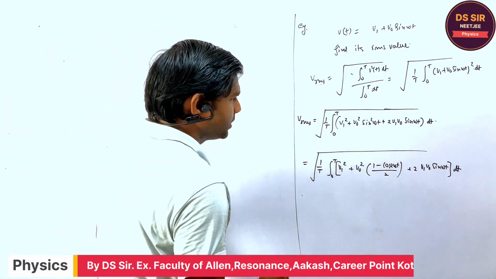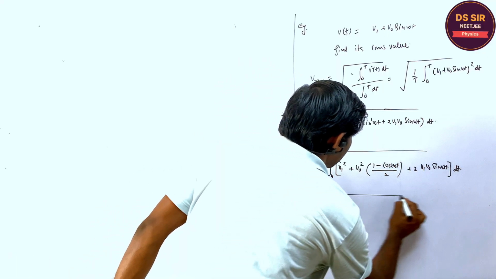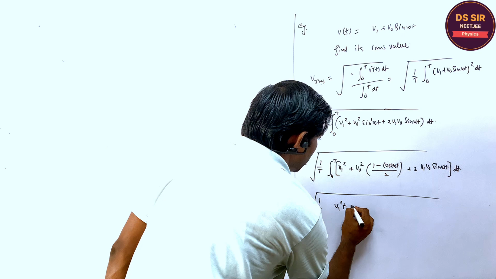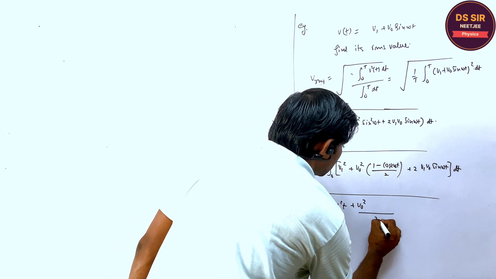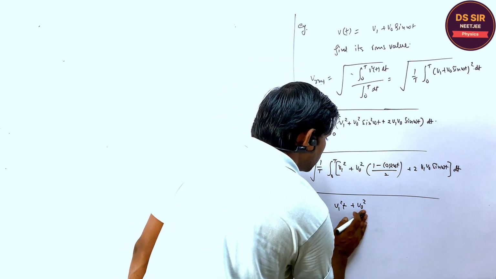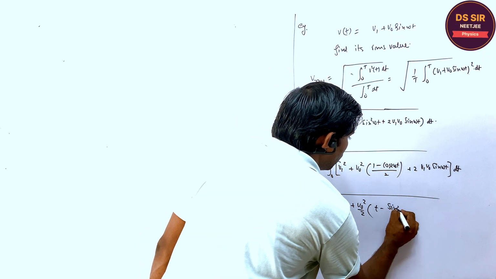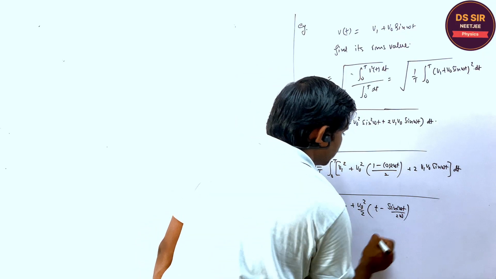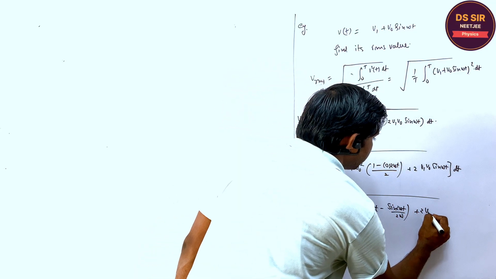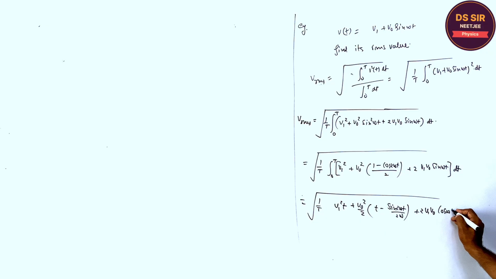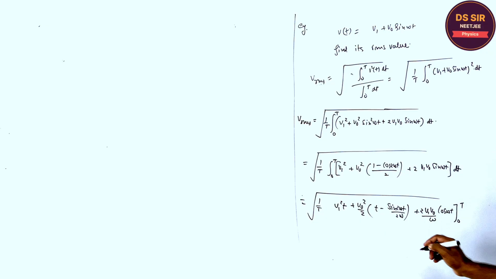To find the integration, listen: 1 by T, the integration of V1 square is V1 square T, plus V0 square by 2, where the integration is T minus sin 2 omega t by 2 omega. And for the cross term 2 V1 V0, the integration is cos omega t by omega, with limits from 0 to T. Do you understand or not?